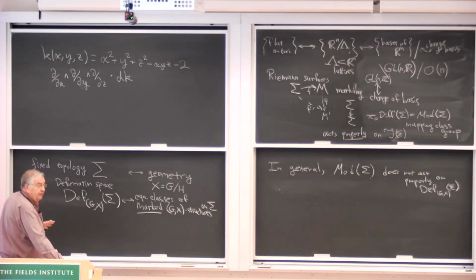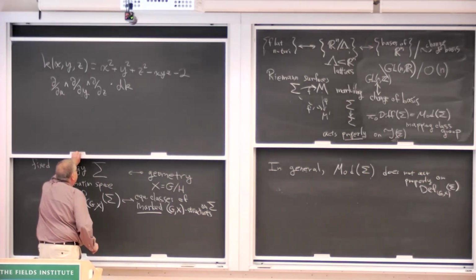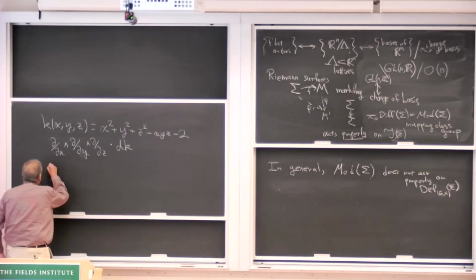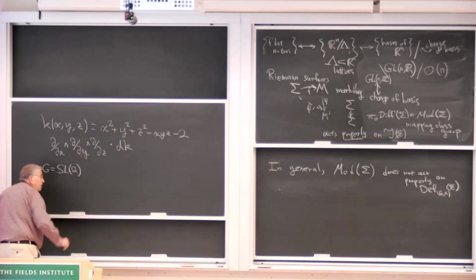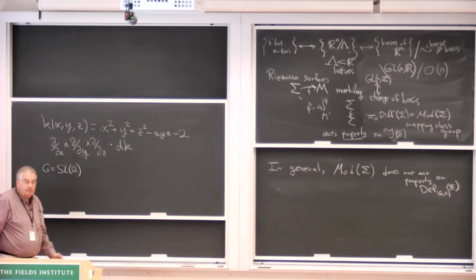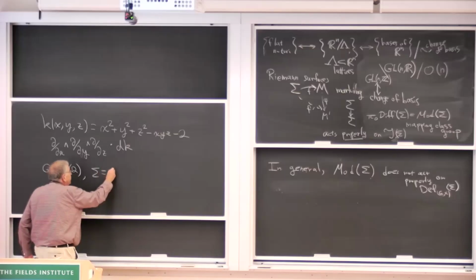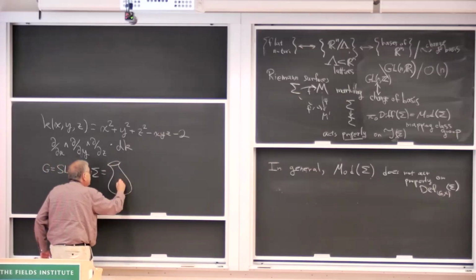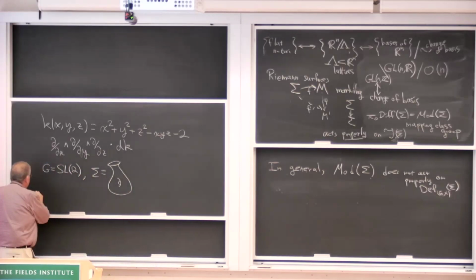in R^3, and the mapping class group here, well, with sigma. So G will be SL_2. I'll eventually go down to the real points, but let me just start with SL_2(C). We'll just call it SL_2. And sigma, in this case, will be the one-hole torus. And the mapping class group of sigma is the modular group.